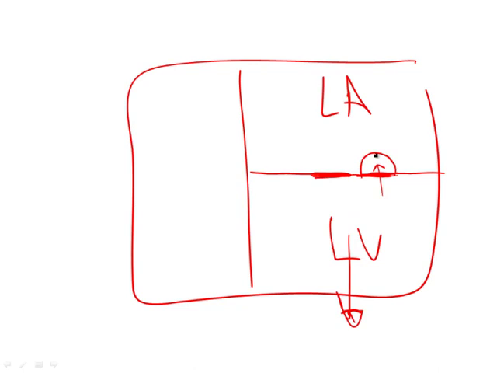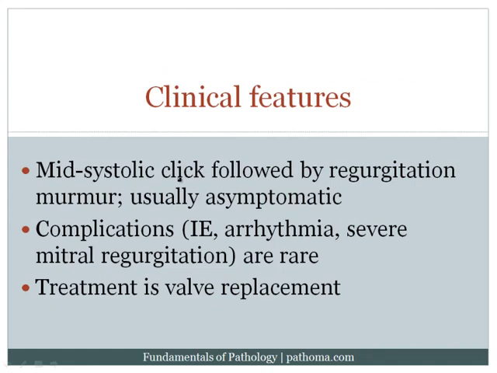It's sort of like opening of a parachute. And so when you open a parachute, you'd hear a loud noise, and in the same way, during systole, as this valve parachutes backwards, you're going to hear a click in the middle of systole. And that's one of the key clinical features, a mid-systolic click. Now, in addition, there can be some regurgitation back across that valve. There doesn't always have to be, but it often is present.